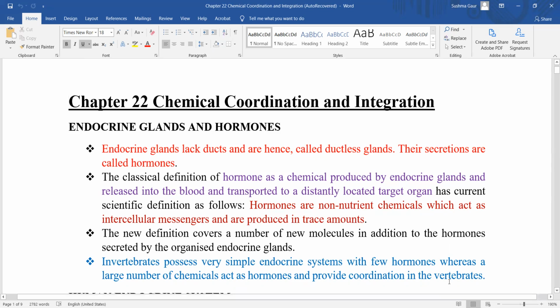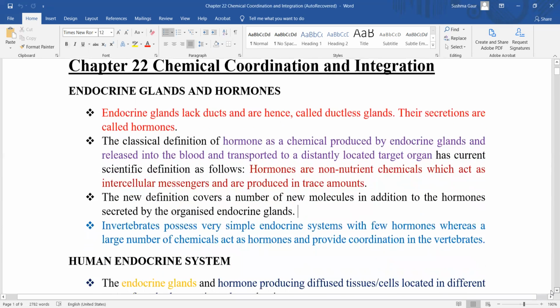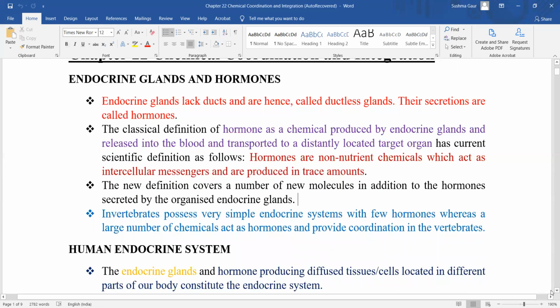Okay. So endocrine glands are the glands that lack ducts, means they don't have any ducts. Therefore they are also called ductless glands. And the things that are secreted from these endocrine glands are known as hormones.